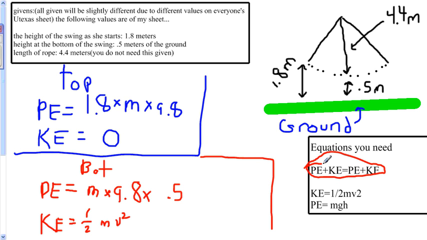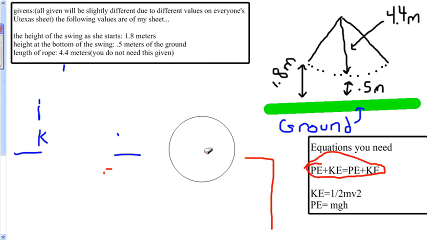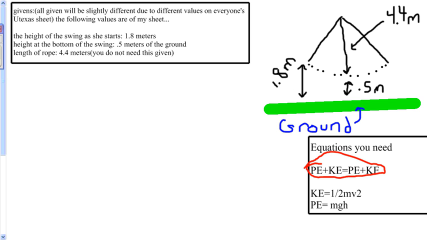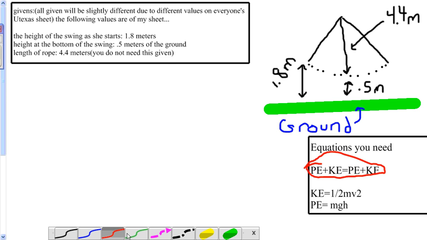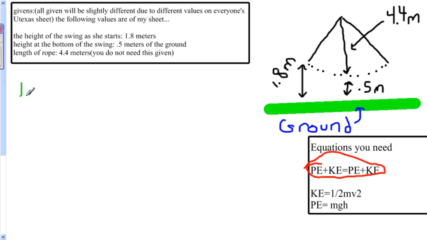All right, so that is potential energy plus kinetic energy at the top equals potential energy plus kinetic energy at the bottom. Hopefully we have those written down, because we're going to plug them into one giant equation, which I shall write in green. The potential energy at the top equaled 1.8 times the mass times 9.8, plus 0 because there was no kinetic energy at the top.